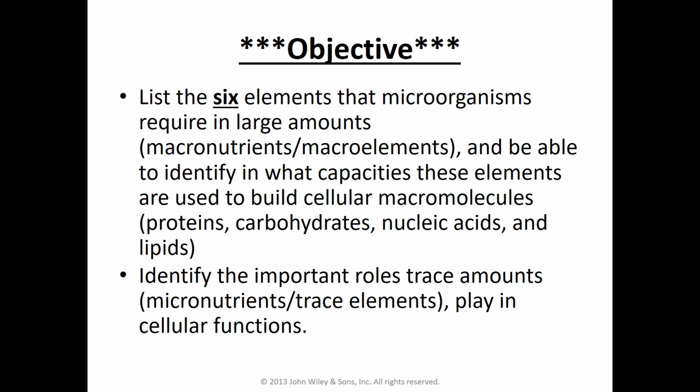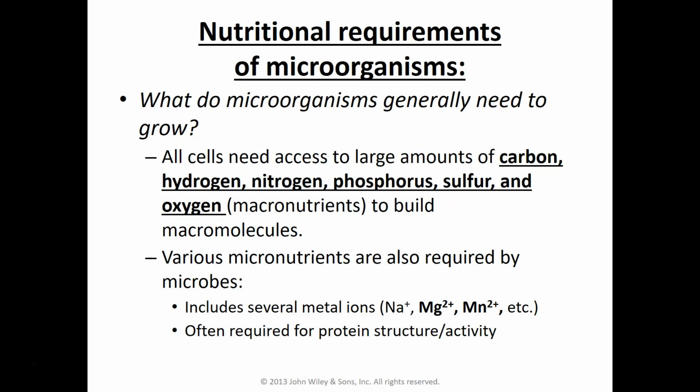So when we look at these, right, that list of 6, carbon, hydrogen, nitrogen, phosphorus, sulfur, and oxygen. Did I forget that one? I always tend to forget that one. I don't know why. That one we use for more than just building cells, right?